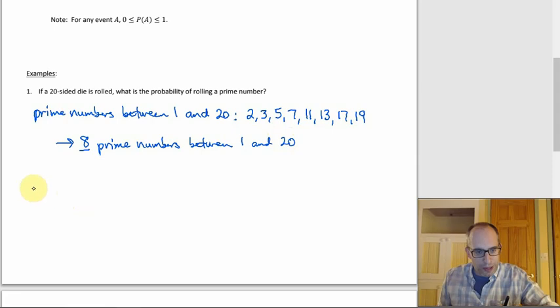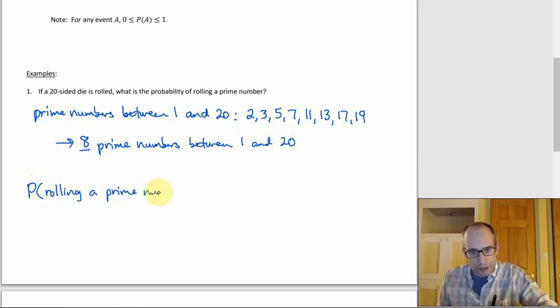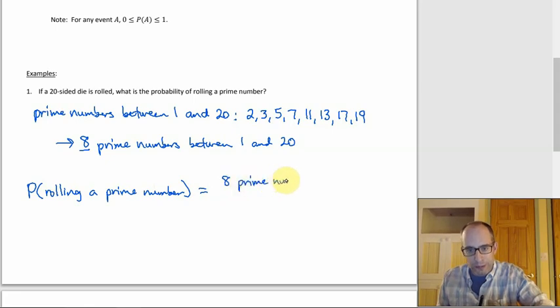And so what that means is then the probability of rolling a prime number, what we had is that we had 8 different ways that could happen, right? We had 8 prime numbers, and there are 20 possible outcomes in the sample space.